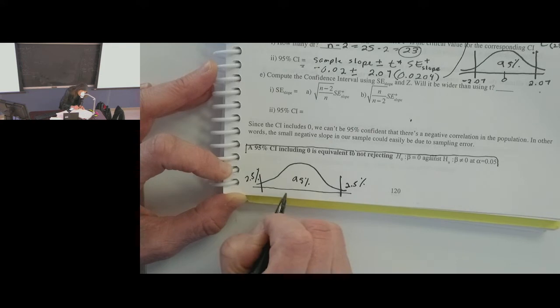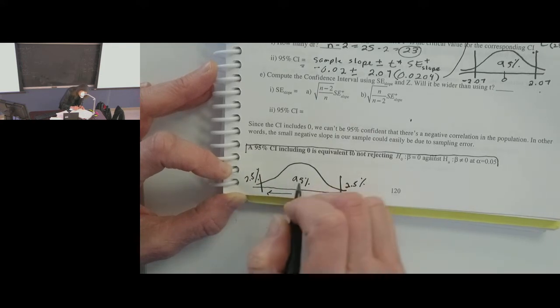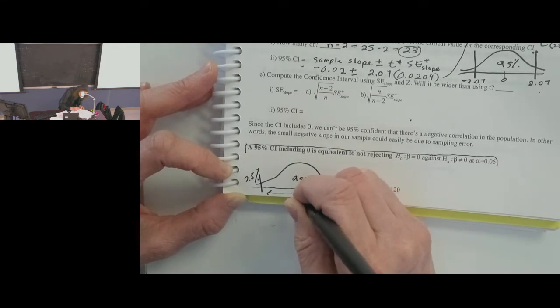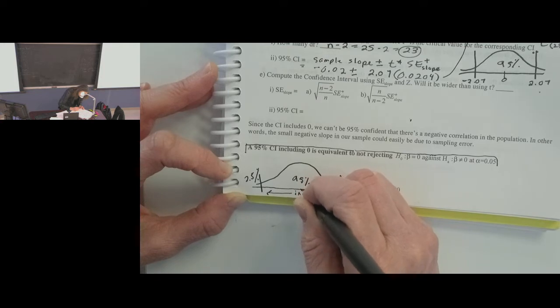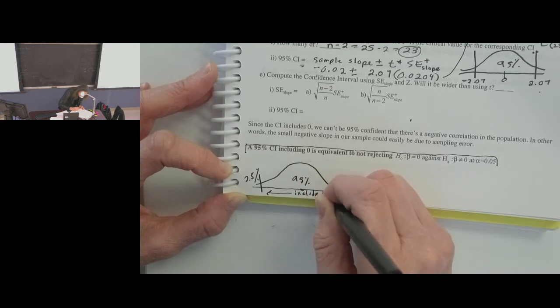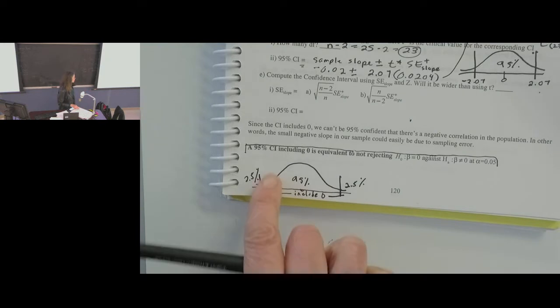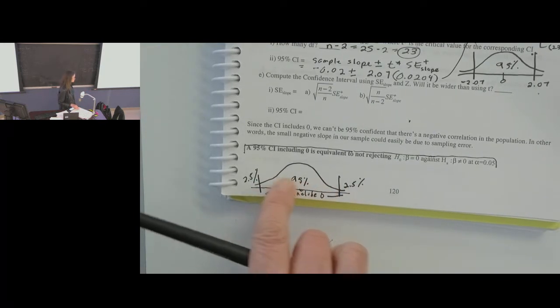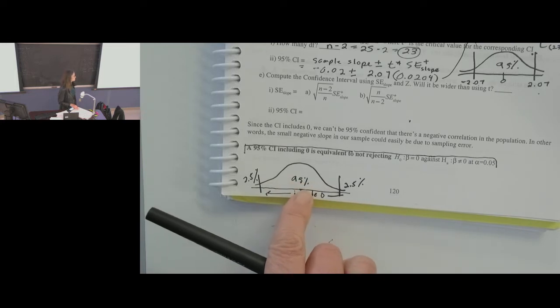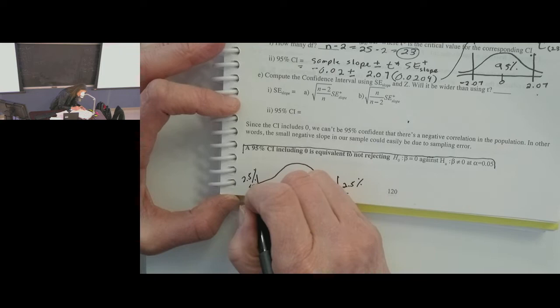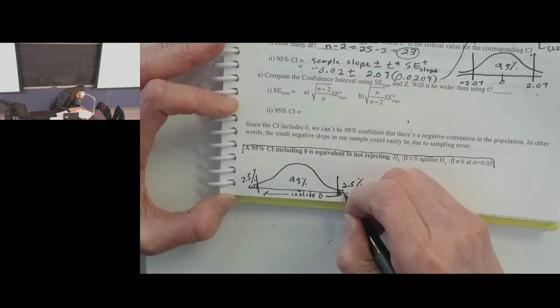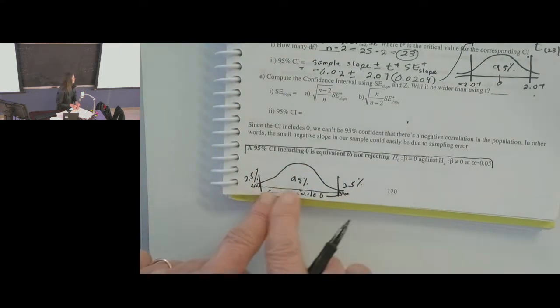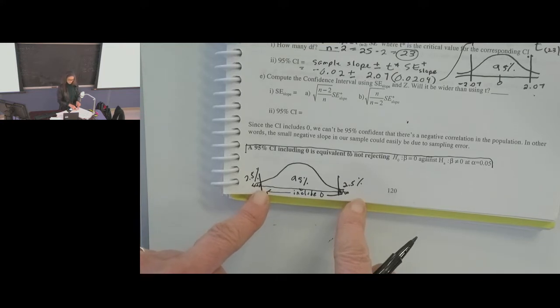Now, if we include 0 in here, 0 is right in the middle, that means our estimate is somewhere in here. So we can't reject the null. To reject the null for a two-sided test, wouldn't we have to be outside that range? We reject the null when we're outside that range for a two-tailed test.